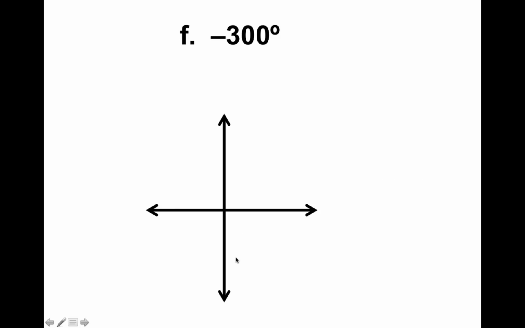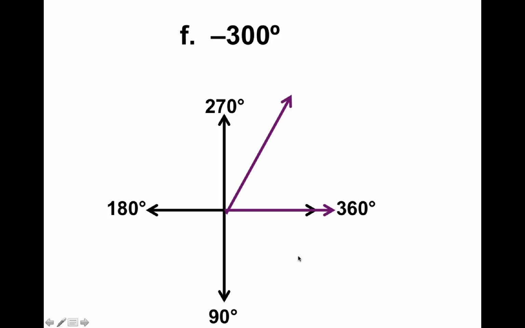For F, draw a T. We're going negative direction again. So starting off at 0, we have 90, 180, 270, 360. Negative 300, that would be between 270 and 360, so it's going to be somewhere around there. From that line, draw a line down to the x-axis, creating a right angle.